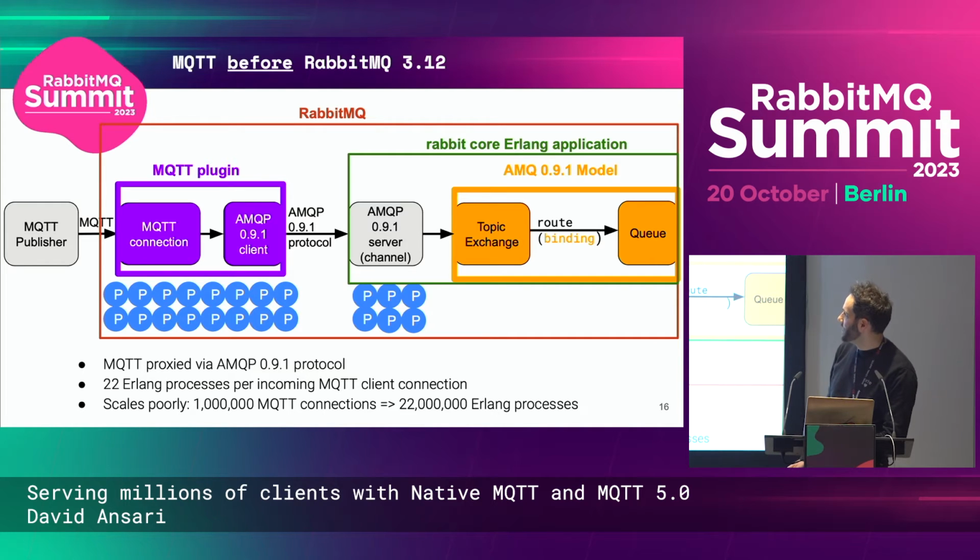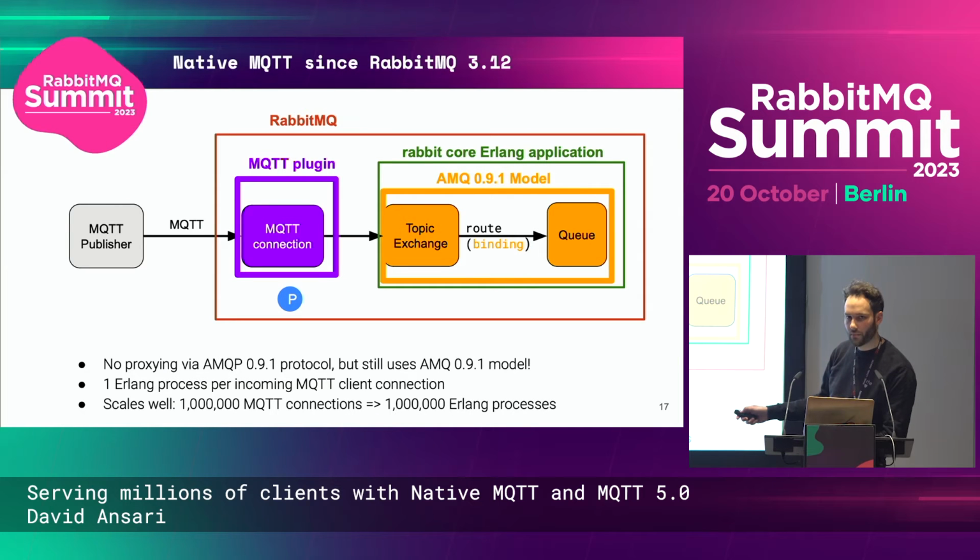So with native MQTT, we end up with a single Erlang process per incoming MQTT connection. And the most important part is that MQTT is not proxied anymore via the AMQP 0-9-1 protocol. However, we still use the AMQP 0-9-1 model internally, so that's very important to understand. We still use topic exchanges and queues, and both is great.